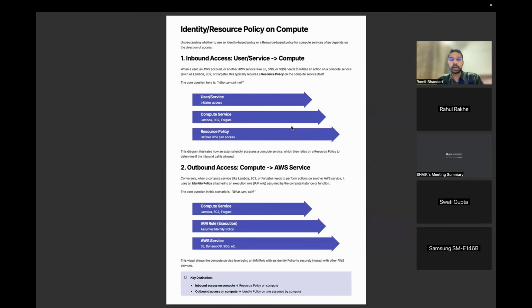This would typically require a resource policy at the Lambda's end, at the compute's end, which is answering the core question, who can call me? This will contain, okay, S3 can call me. Whatever the details, you can put either the specific resource or you can give a star there, which means all the lambdas, if we are talking about Lambda, could be called by a specific S3 or a set of S3, whatever it is.